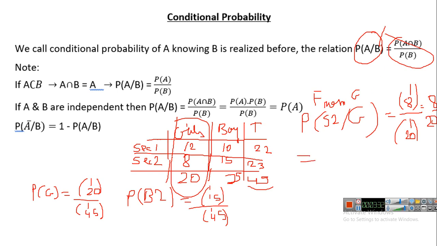Girls from secondary 2, I have 8. So I want to pick 1 out of 8 over the total of everything, 1 out of 45, over P of B, P of girls. How many girls do I have? I have 20. So 1 out of 20 over total is 1 over 45. Now in that case, these two cancel out. It's the same as doing it directly.